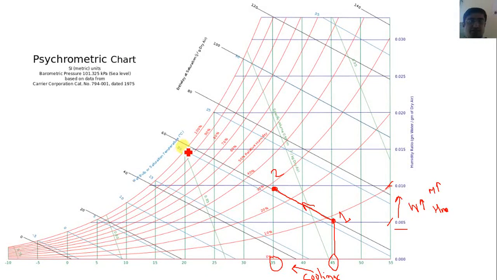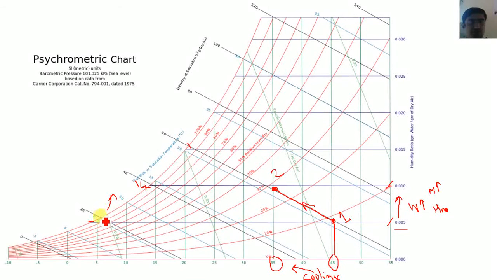And here the value of enthalpy remains the same, and the value of wet bulb temperature also remains about the same. In this case the value of dew point temperature gets increased from 1 to 2. Here the value is about 4, and at the outlet it is almost 14.